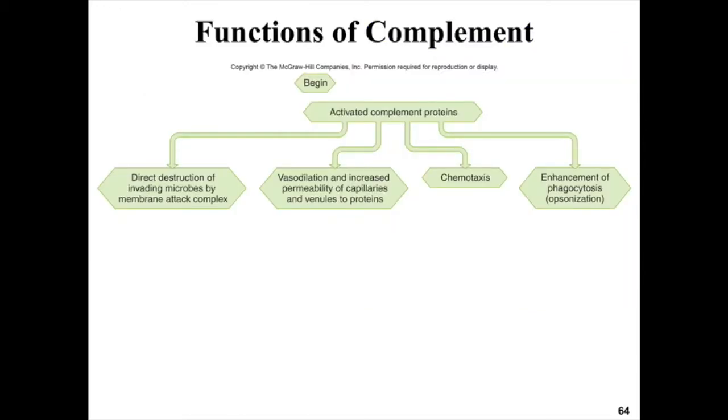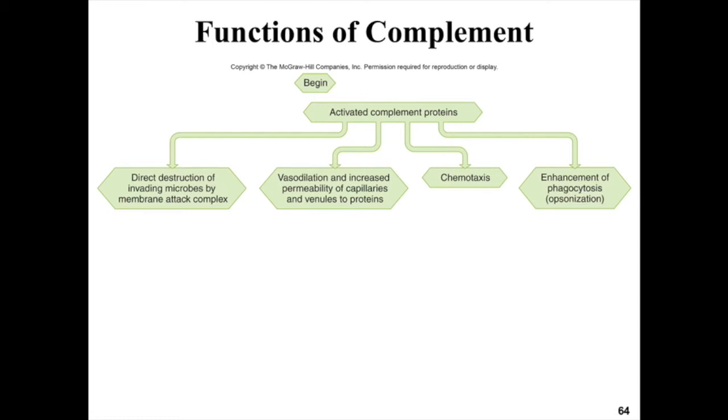So here is what the complement serves. One aspect is the membrane attack complex, which we'll have a slide just for. But certain of these substances, all these C3 something, act, in a variable degree, as substances that can perform chemotaxis, so attract new cells, but are also inflammatory mediators, for example, for vasodilation or increased permeability.